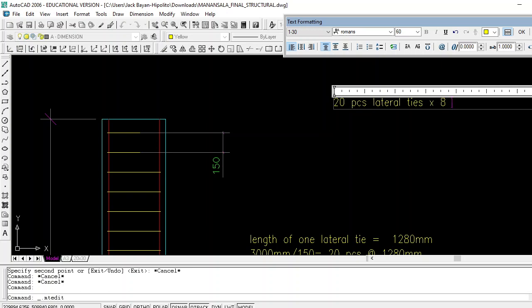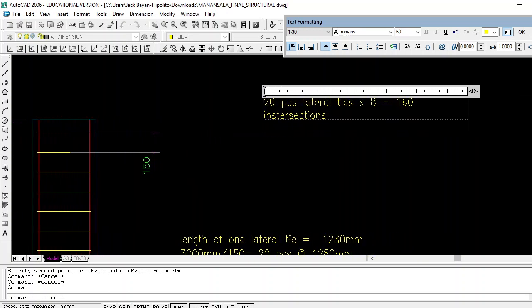Okay? So, ibig sabihin, I will have 160 intersections. Okay? If I have 160 intersections, yun yung lalagyan ko ng GI tie wire.